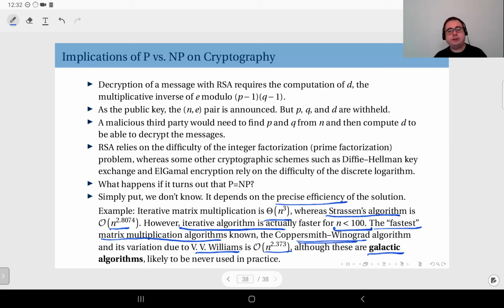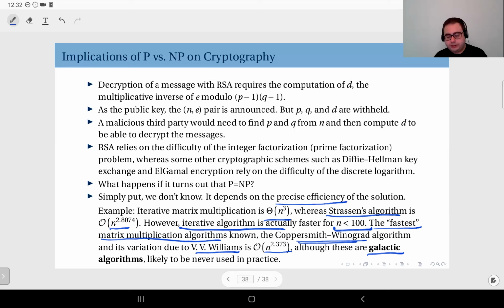So for instance, let's say somebody comes up with a polynomial time algorithm for prime factorization of integers. What we need to know is the actual amount of time required to factor out the prime numbers that we use in practice. So meaningful real life problems.